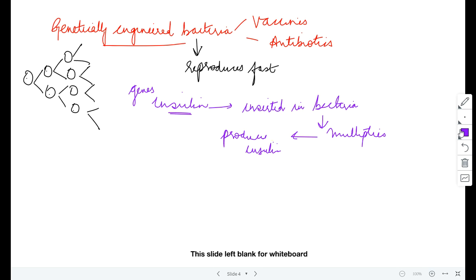Now, what do you know about clones? Okay, so clones are like an exact replica copy of a living person.